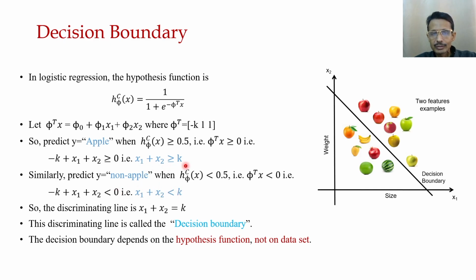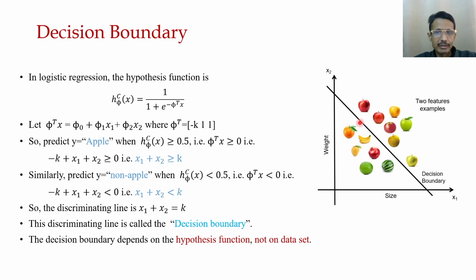So this is one equation. But what about in between? If x1 plus x2 is equal to k, that is the equation of our decision boundary. This discriminating line is called the decision boundary, and from this example we can understand this is the equation of this discriminator or decision boundary.